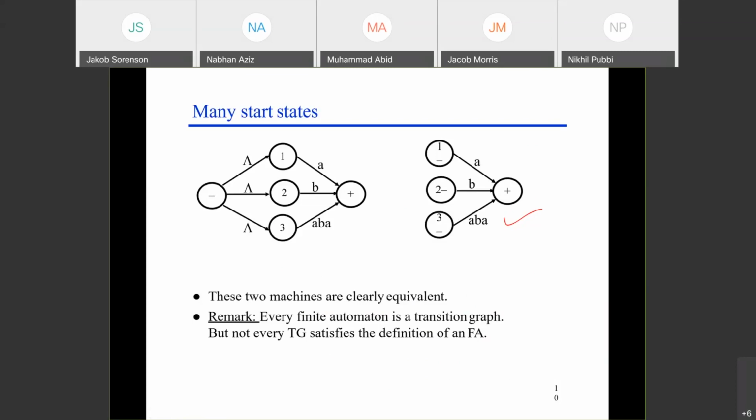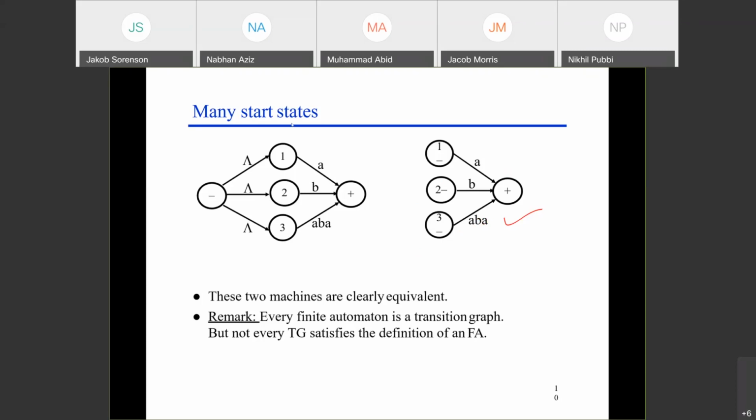It looks valid to me. It looks valid. Perfect. It has more than one start state. This is one check, and honestly, after that we do not need to run any other check. It is just passing letters and words, and the final state is connected. So this is a valid TG. It is not a valid FA because an FA will never have more than one start state.